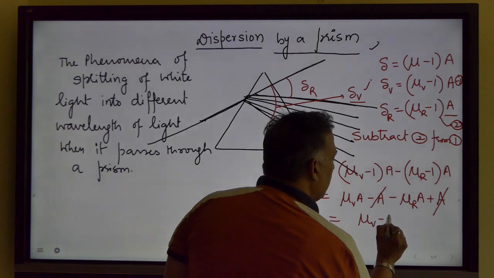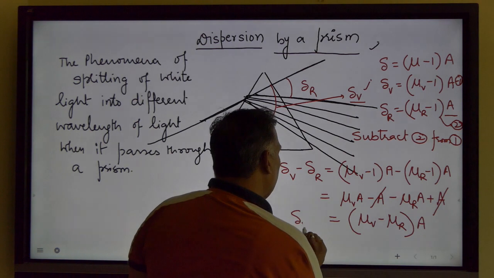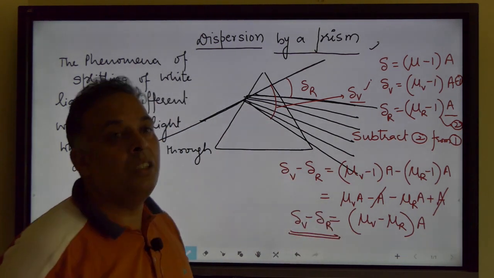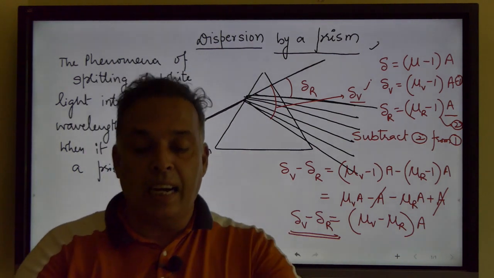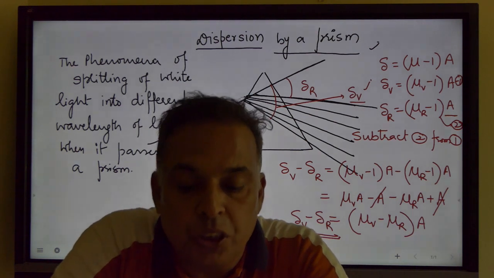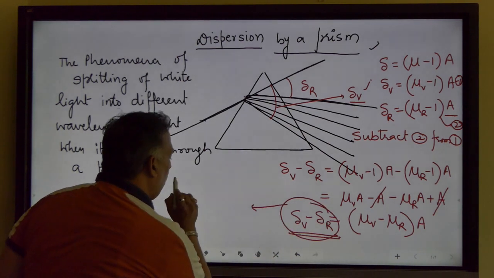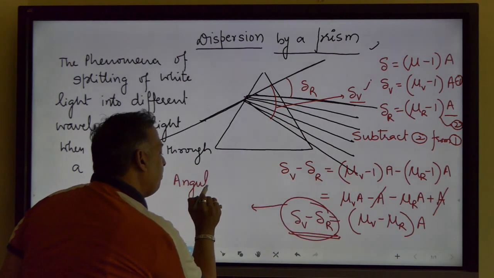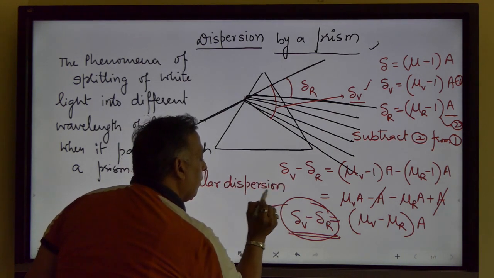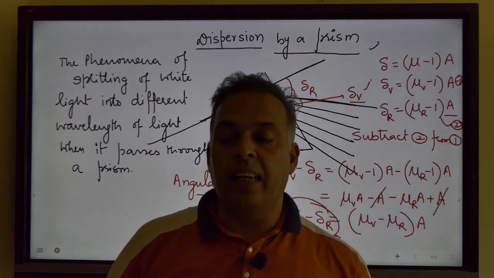So (mu V minus mu R) into A is equal to delta V minus delta R. This is known as the angular dispersion for violet and red color.